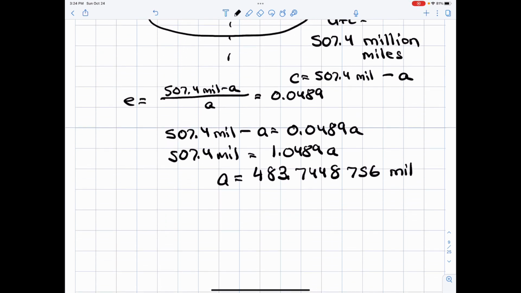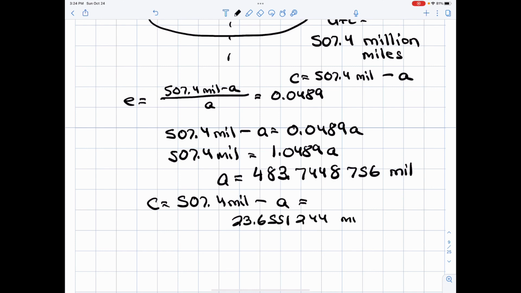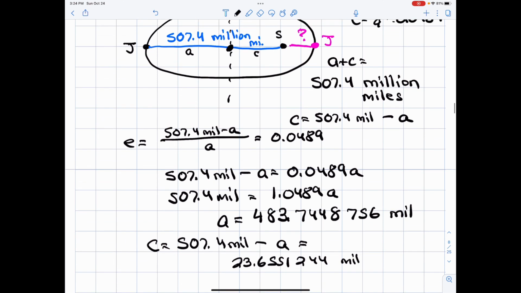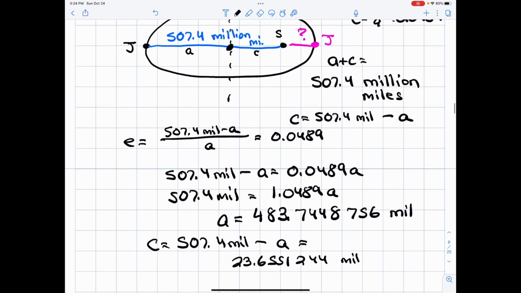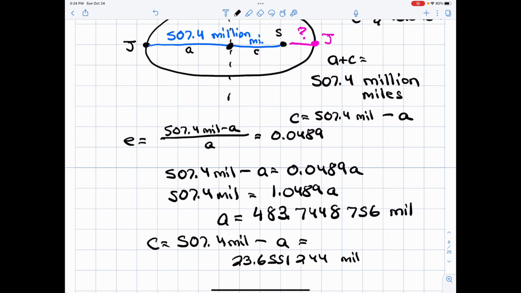You know, C is 507.4 mil minus A. So now you can put that 483.7 mil in, and you get C comes out to 23.65512444 mil. So up here, we found A was 483.7 mil.